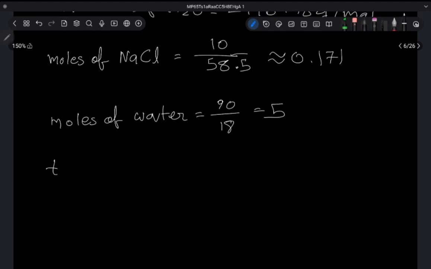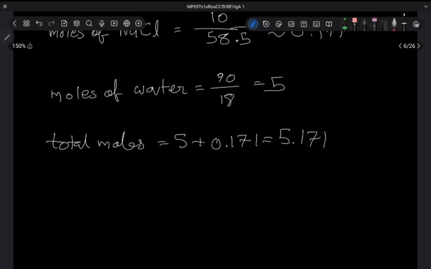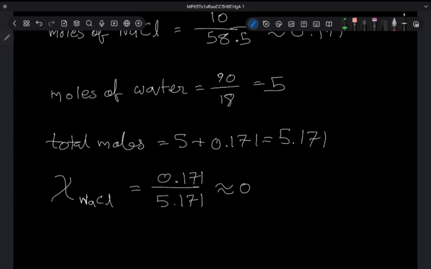So now total moles, 5 plus 0.171, which is 5.171. So let's find mole fraction of NaCl, which equals 0.171 divided by 5.171, which is approximately 0.033. It is your answer.